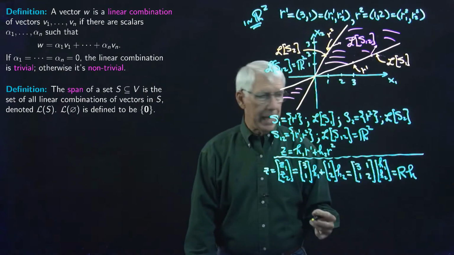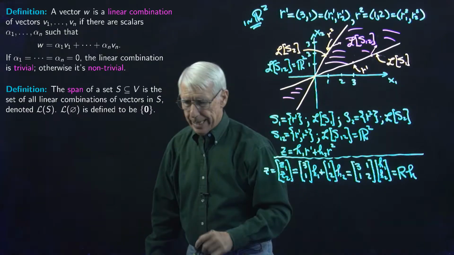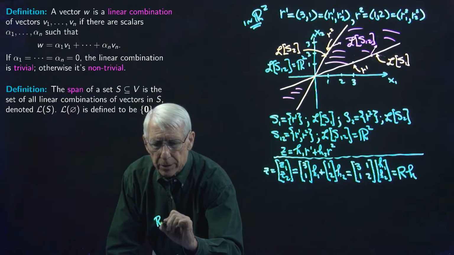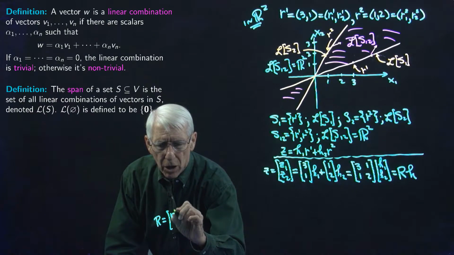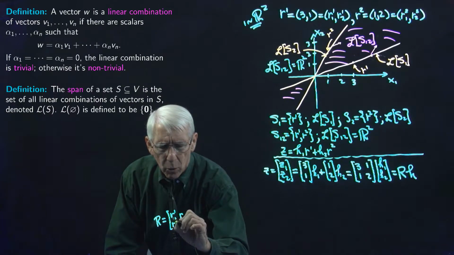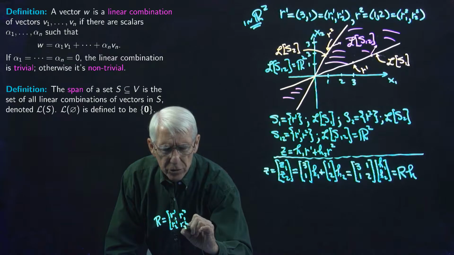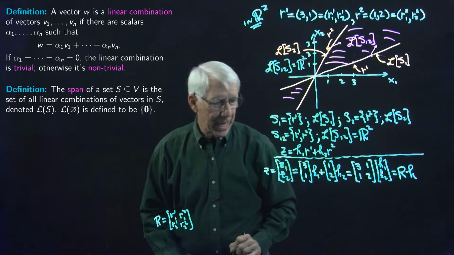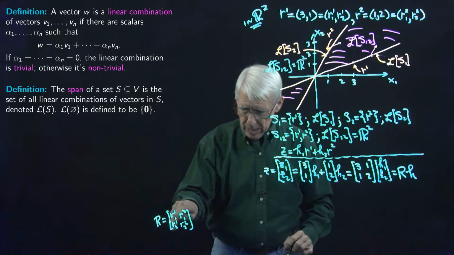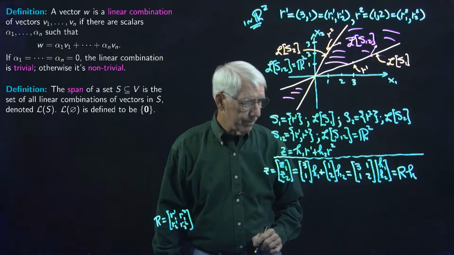And in fact, I'll even write that off here. Let's just say R is R11, R12, R21, R22. That's why I've used capital R. It's just the matrix consisting of the little lowercase r's.